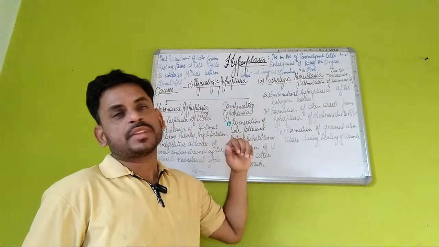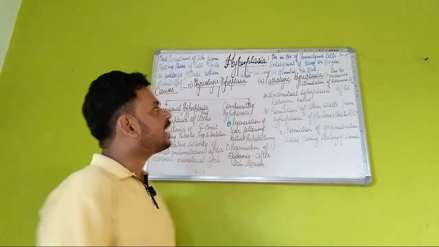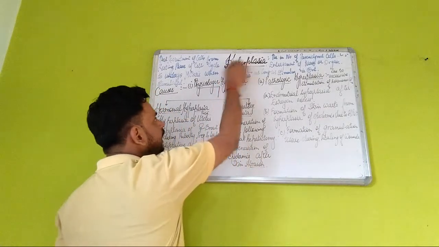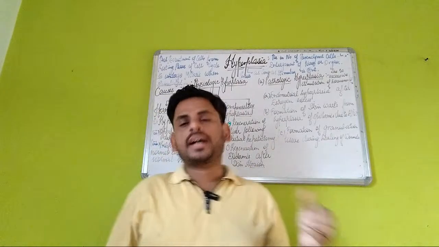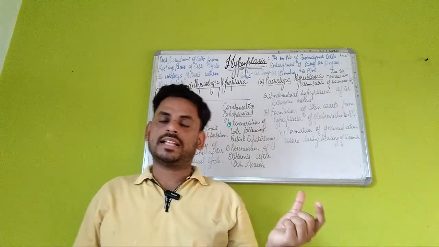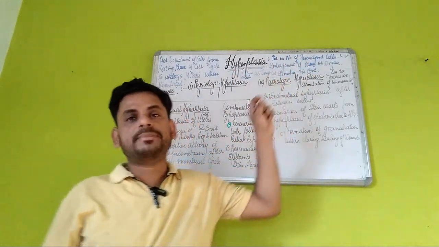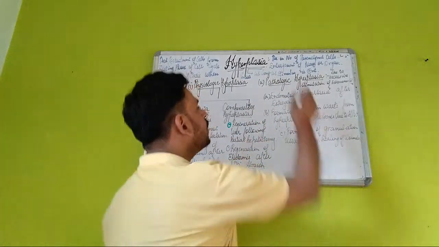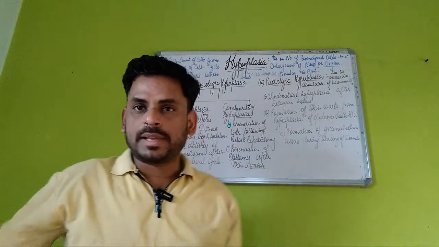So hyperplasia, the word itself is suggesting that hyper means increase and plasia means the cells. So in hyperplasia there is an increase in the number of the cells. So what do we find is that an increase in the number of the parenchymal cells leading to enlargement of a tissue or organ is called hyperplasia.